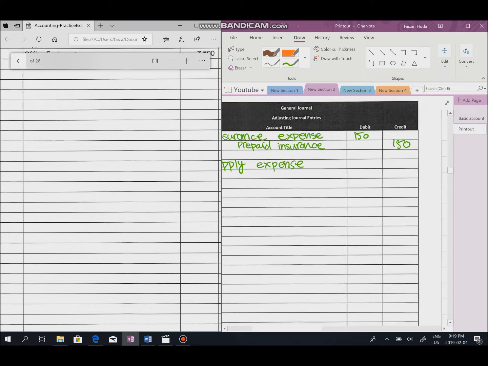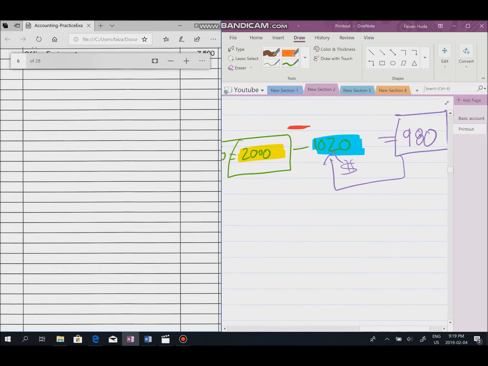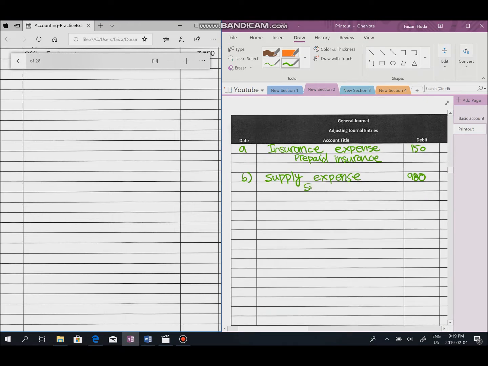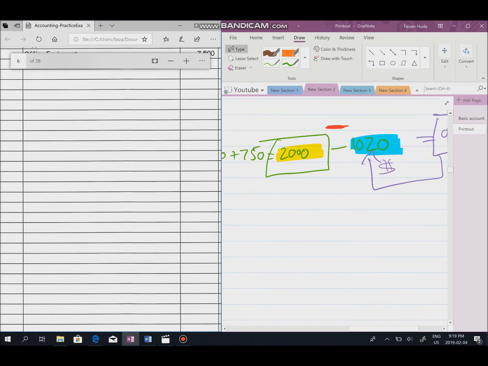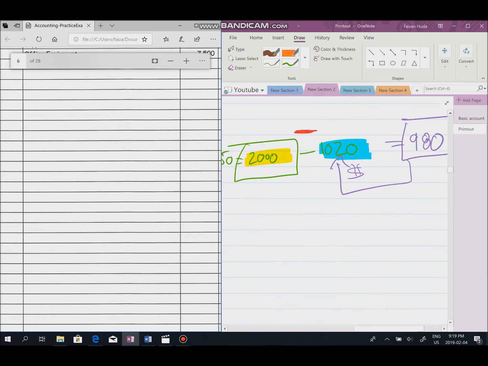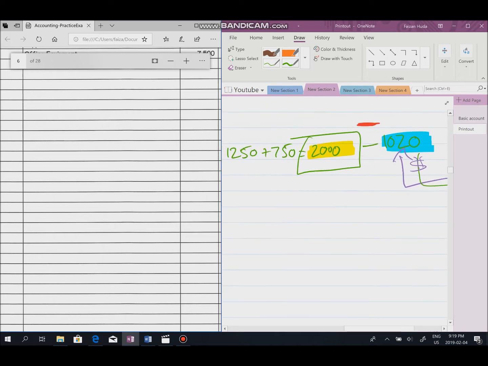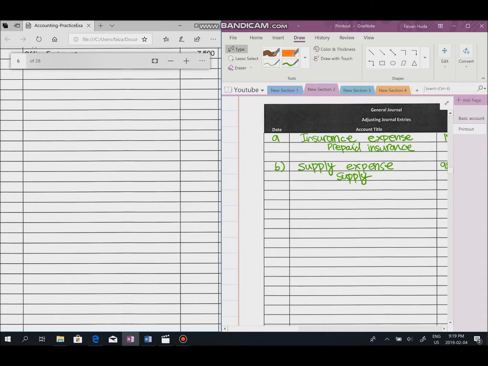In this situation, I want to increase my expense by 980, as we did in our calculation over here. And supplies: I'm going to credit supplies since I want my supplies to be 1020, and to do this I'll have to credit supplies by 980. I showed you the calculation before. So it becomes 980. This is how you would do adjusting entry B.